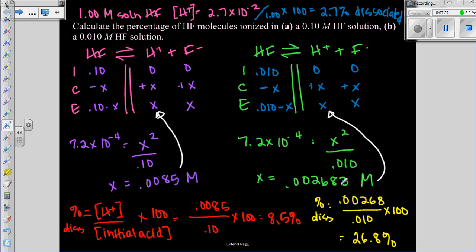Okay, so what we want to do is look at these values and see what they mean, because there's definitely a trend. The more concentrated, the less dissociated it is. We want to think about this in terms of Le Chatelier's principle.